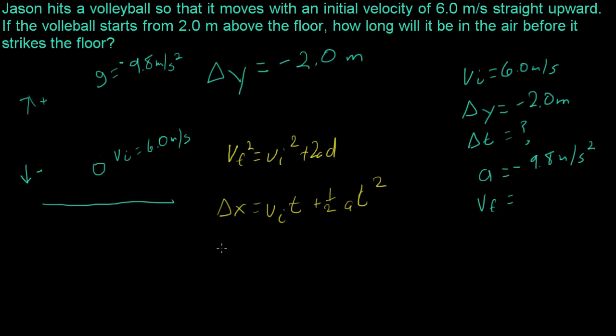Okay, we've got vf equals vi plus at, and last we have delta x equals 1/2 (vf plus vi) times t. The order doesn't really matter here.